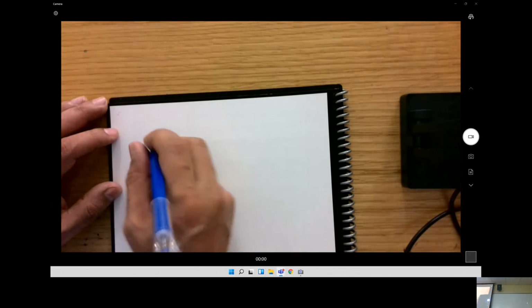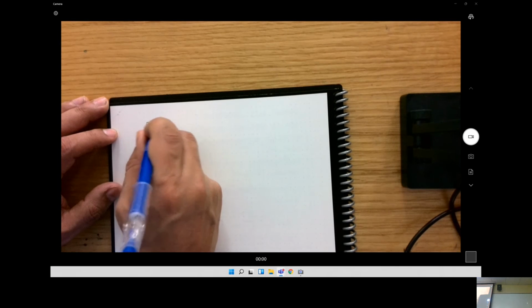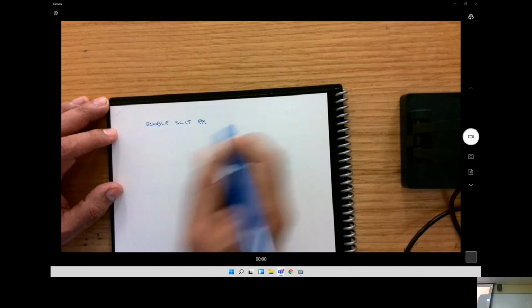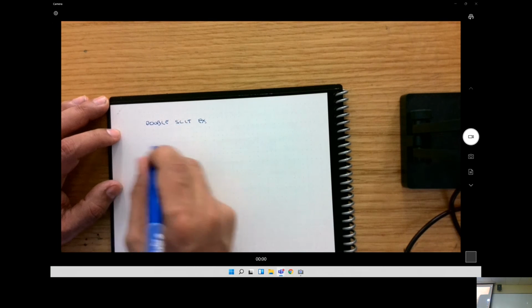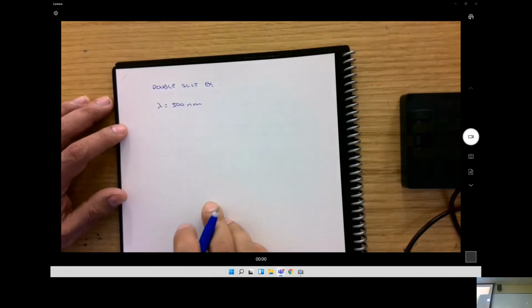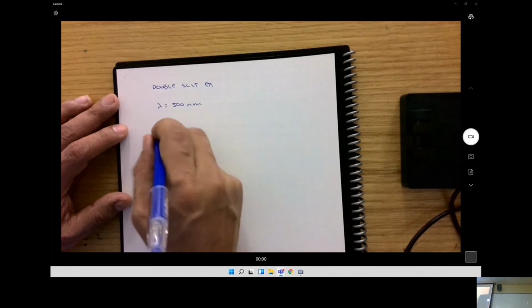Okay, we have again a double slit experiment. We have a source of light with a wavelength of 500 nanometers, and it's illuminating a double slit.